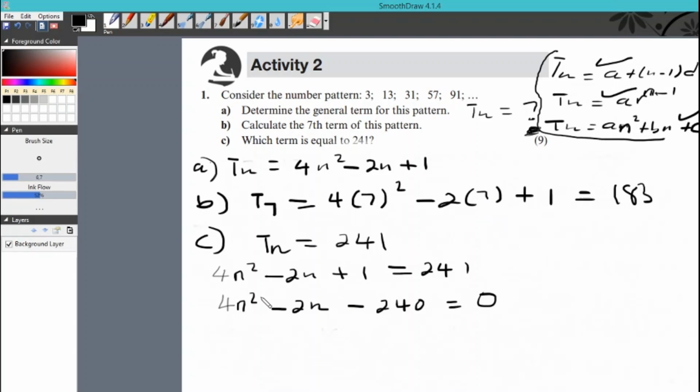If we divide our 4n squared by 2, we have 2n squared. If 2n is divided by 2, we have n. If 240 is divided by 2, we have 120. Right, now we have to factorize this.